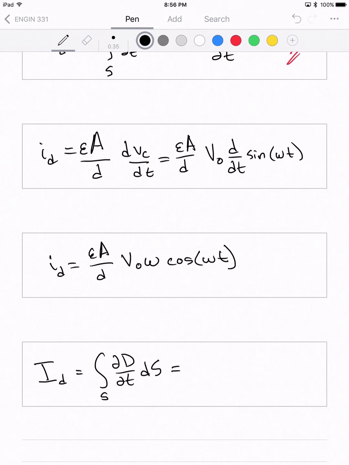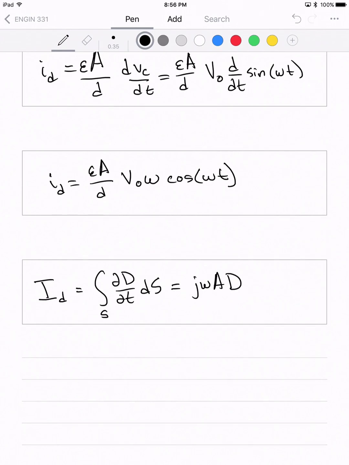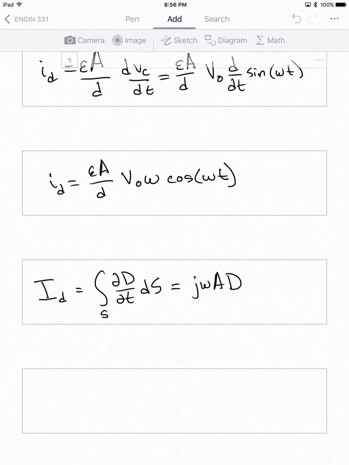So now we have j omega A D. We have the same relationship between E and D and the capacitor voltage as before. But how do we write down that capacitor voltage in phasor form?